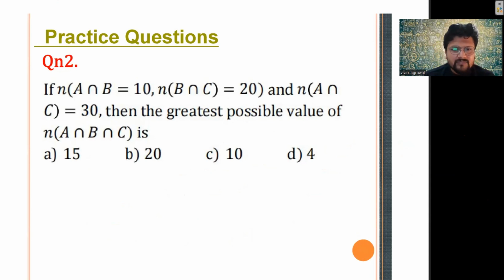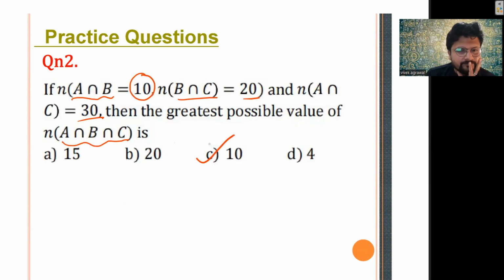10, right? We need the number of elements which should be common to A, B, and C, all three of them. So there are 10 elements which are common to A and B, there are 20 elements which are common to B and C, and there are 30 elements which are common to A and C. So at most, what can be common to all of them will be 10 only.